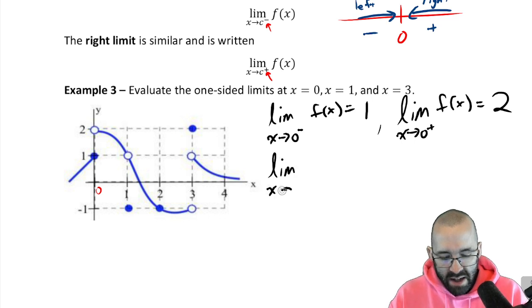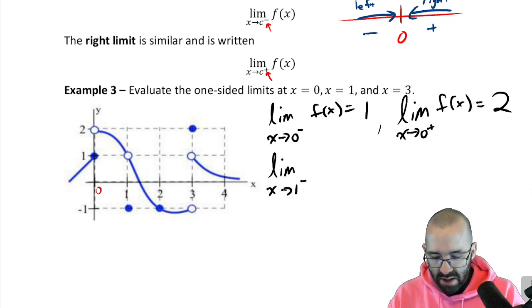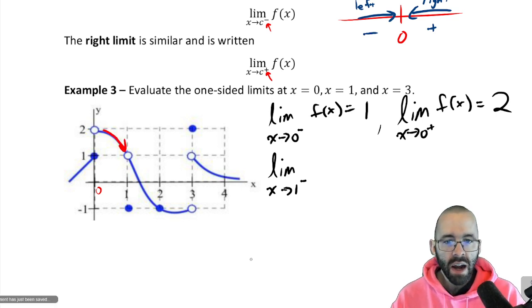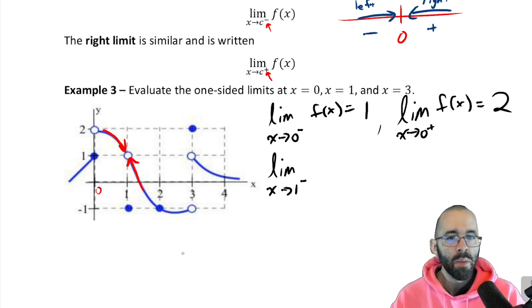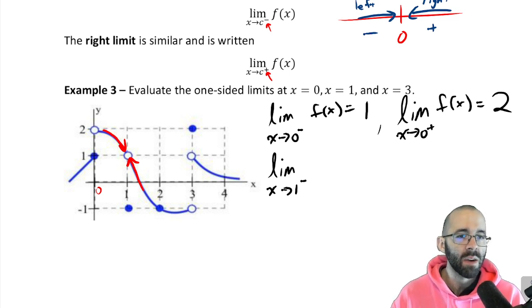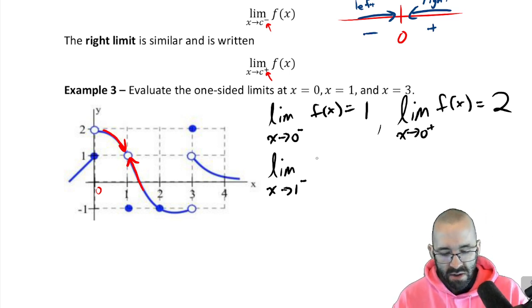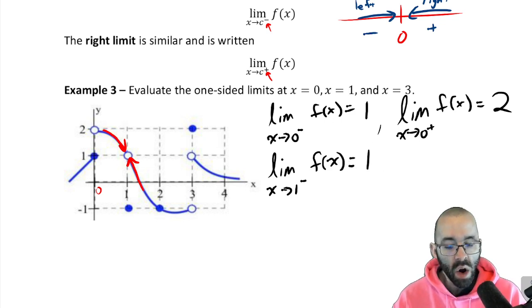All right, the limit as x approaches 1 from the left. Well, as we're approaching an input of 1 from the left, our output... Oh, we can notice right off the bat that here, approaching from the left and approaching from the right, we're approaching the same number. We have the same values. So this is equal to an output of 1.